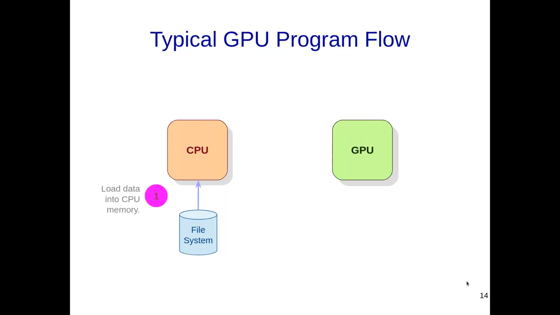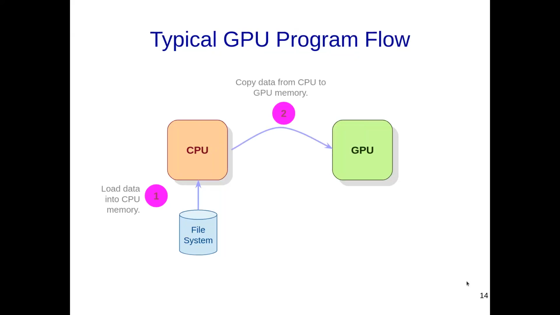Sometimes I might generate data randomly, or sometimes it might be coming from a network socket, etc. Whatever, there is some way in which CPU is receiving this data, which is getting stored inside CPU memory. Once that is done, some of that is going to be useful to be processed on GPU. And let's say I have identified that. So the second step is to copy this data from CPU memory to GPU memory.